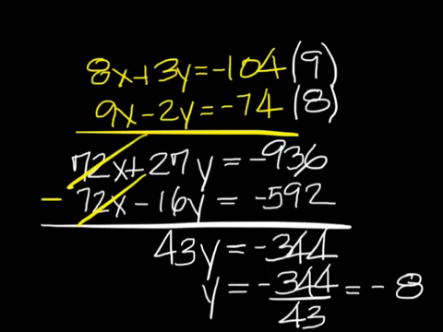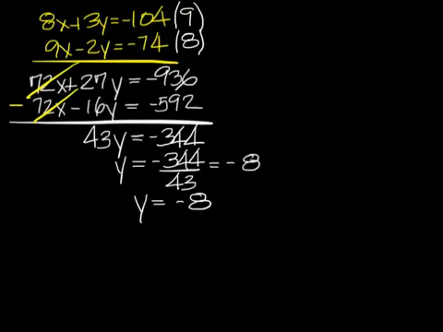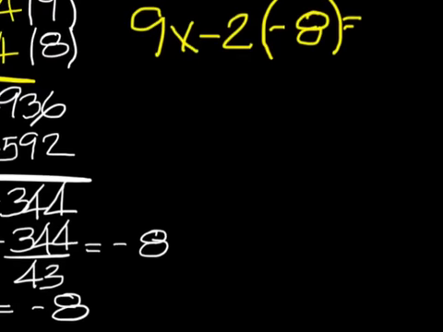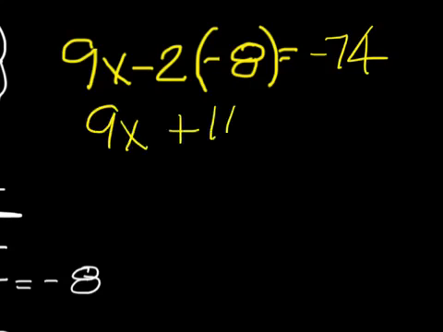I'm going to choose the bottom one, 9x minus 2 times y, and we found y to be negative 8. And this will be equal to negative 74. So I'll do 9x plus 16 equals negative 74.